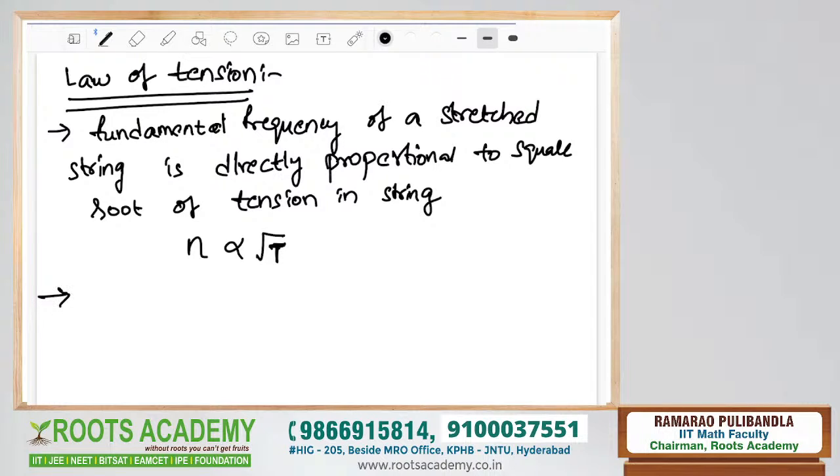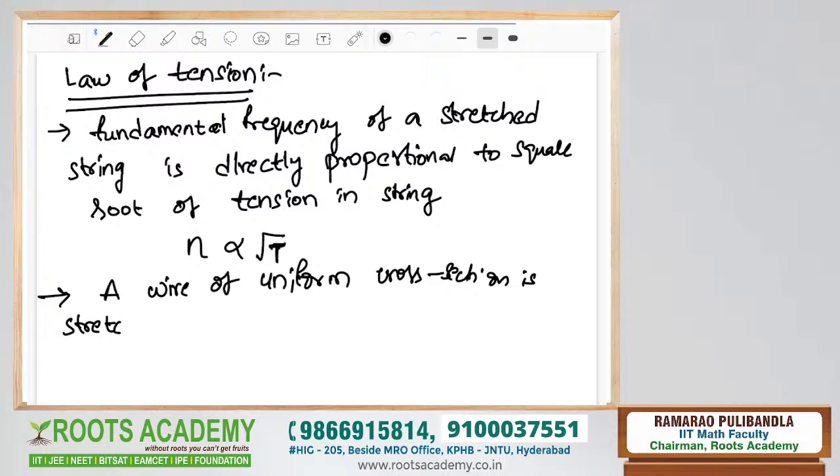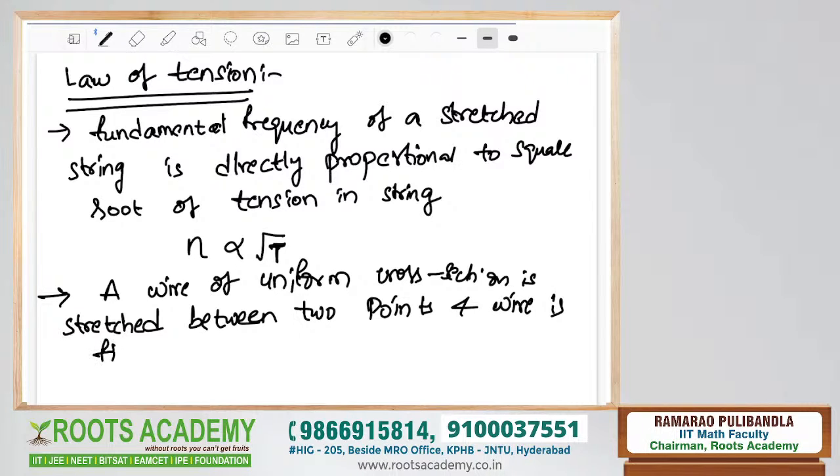And next, a wire of uniform cross section is stretched between 2 points, and one end of the wire is fixed with a load M that is hung.